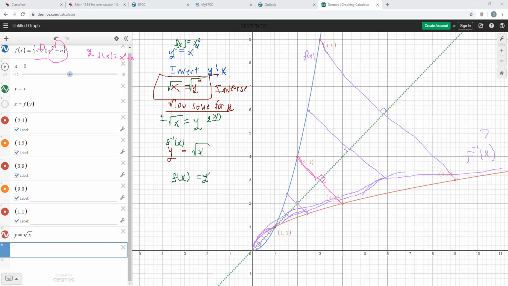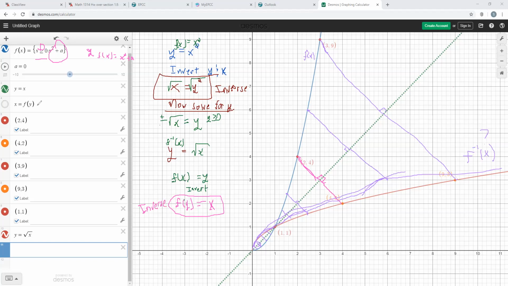If you invert, then we would have f of y equal to x. And so this would be the inverse without solving for y.